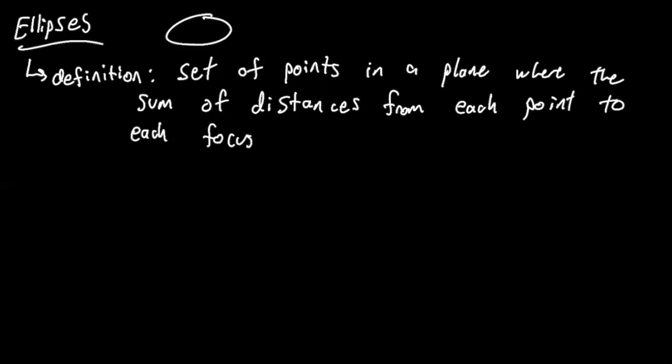So we're going to have 2 points that each one is going to be a focus for an ellipse. The sum of distances from each point to each focus is constant.